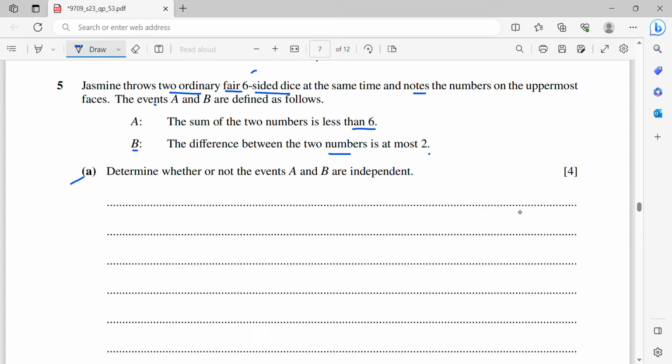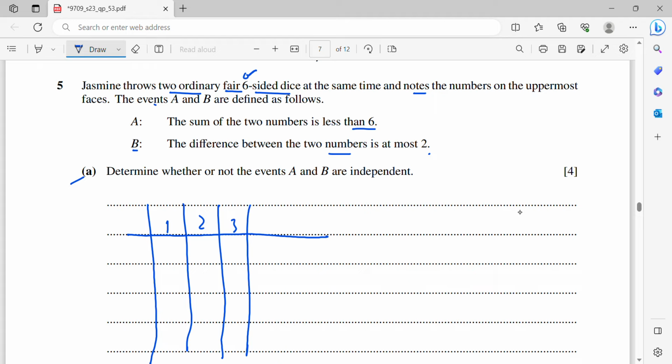Since these are 2 fair 6-sided dice, I will draw a table to show the possible outcomes. So here 1, 2, 3, 4, 5, and 6. Let's say this is dice A. Okay, I don't want to use A because you are given the events A, B. So this is dice 1, this is dice 2.